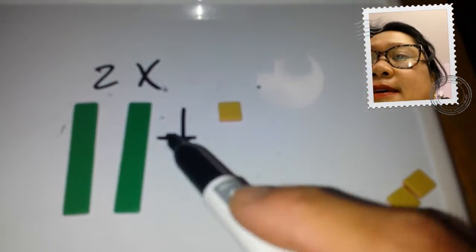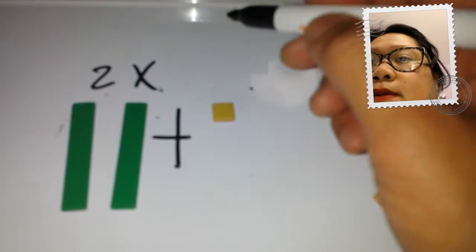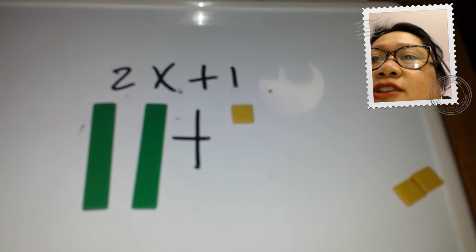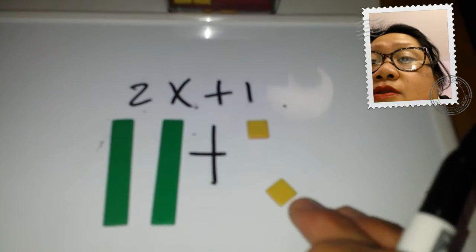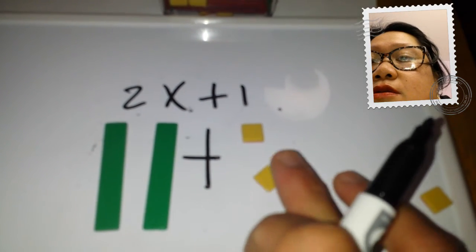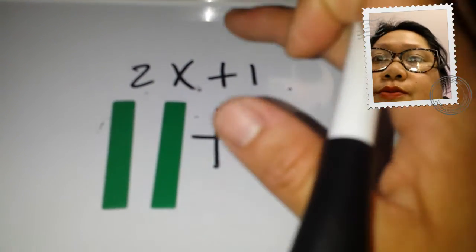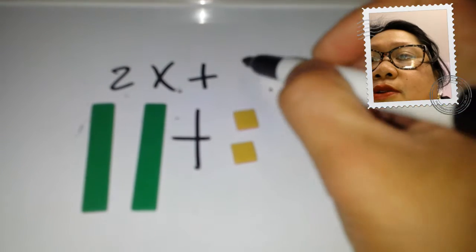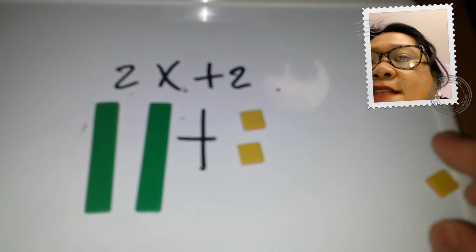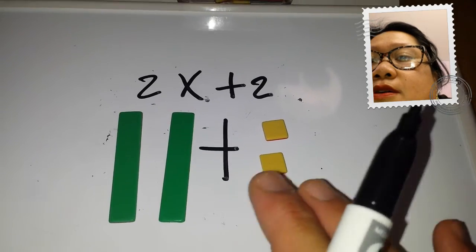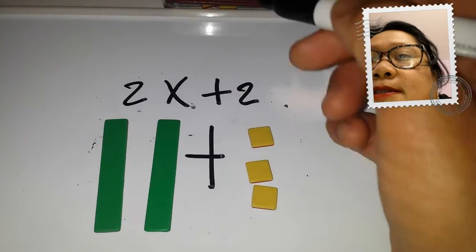This would be 2x plus 1. And so if I added another square over here, this equation would be 2x plus 2. So I'm going to erase this here, and I'm going to write 2. And if I added another square over here, this would be 2x plus 3.